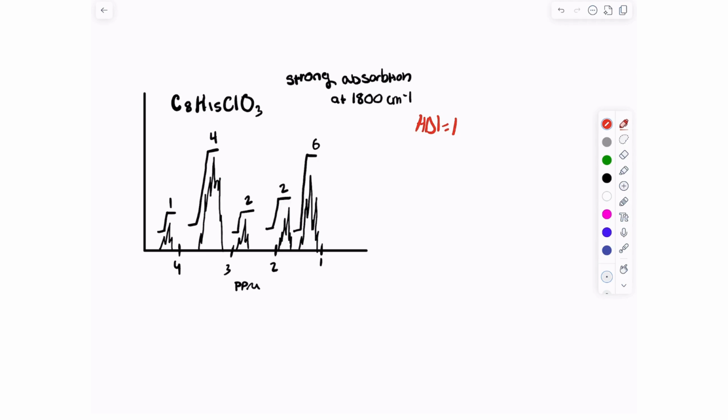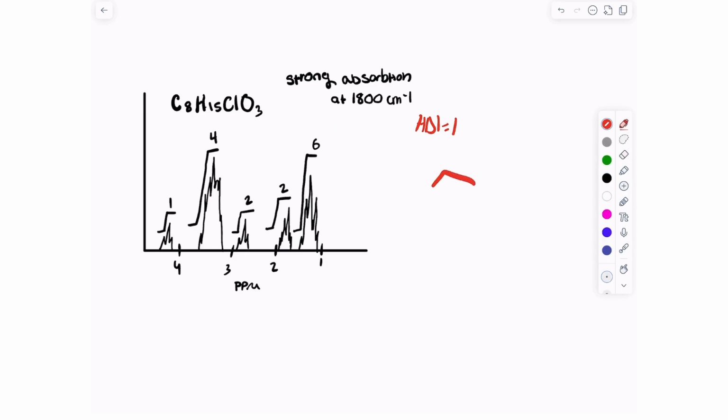The next thing that we're going to look at is our integration. Do we have any patterns? Let's see. I'm not seeing any clear patterns right now, but I am seeing there could be two symmetrical ethyls, because we do have a 4 and we've got a 6 like this.